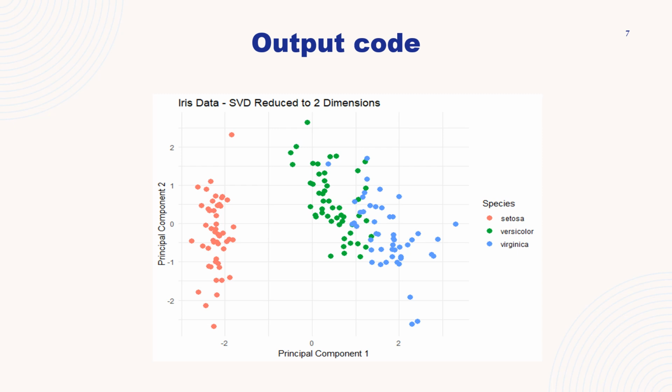So this is the output. We see that we have 3 species: Setosa, Versicolor, and Virginica. So based on these 2 principal components, SVD has been able to classify or cluster the data points into 3 species. That's what the output is saying.